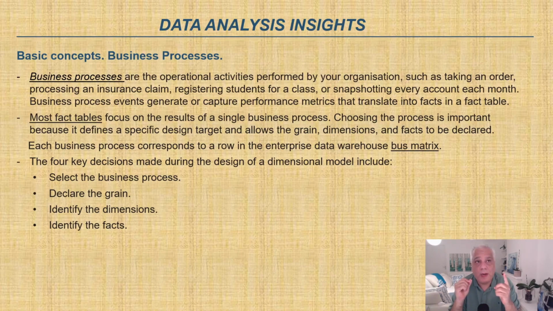We have only one dimension table which cuts every single business process, which is the date table. Following with the slide, the four key decisions made during the design of a dimensional model include: select the business process, which is key; declare the grain of the fact table, which is key too; identify the different dimensions in the business; and obviously identify the different facts.